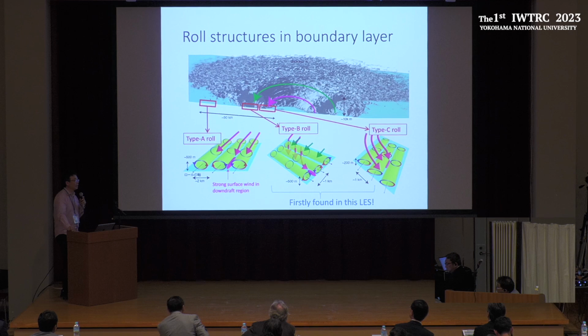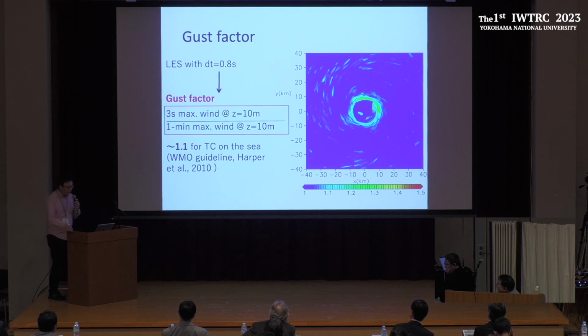I'm waiting to observe these roll structures. For application, the LES can estimate the gust factor. The LES generates very high frequency data output, and we can directly estimate the 3-second maximum wind, the gust factor of the short time scale winds.